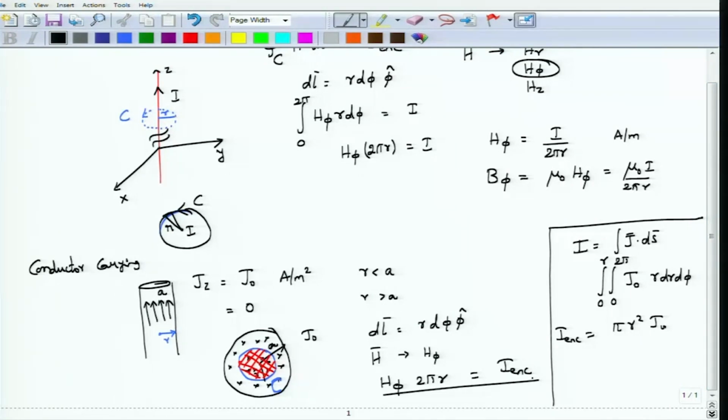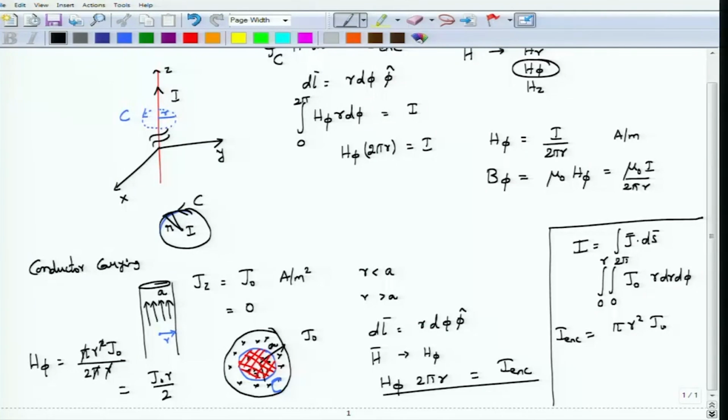Now what will happen to this H phi into 2 pi r equal to I enclosed? Well, the magnetic field H phi will be equal to the current enclosed, which is pi r square J0 divided by 2 pi r. Pi cancels, one of the r in the numerator cancels with the r in the denominator, giving you an H phi of J0 r by 2.